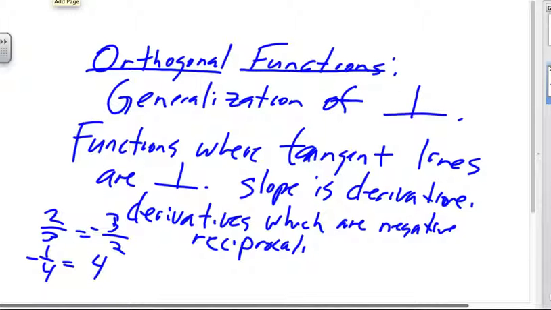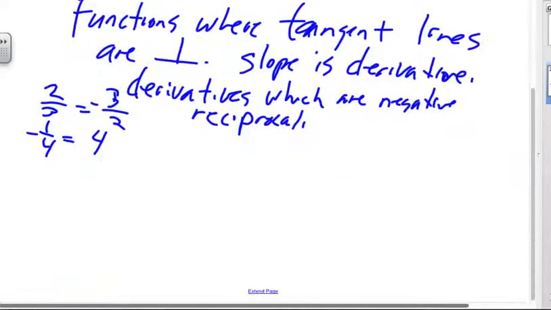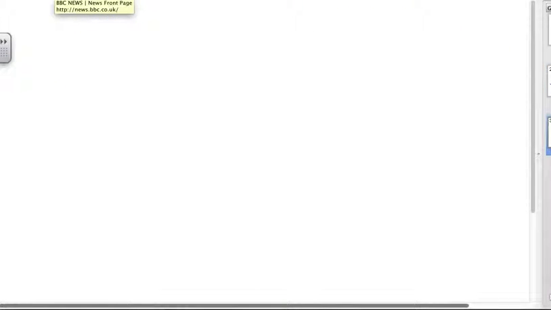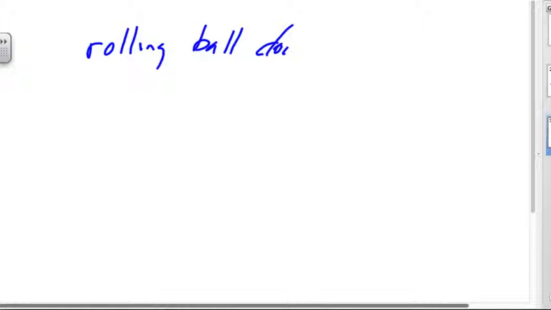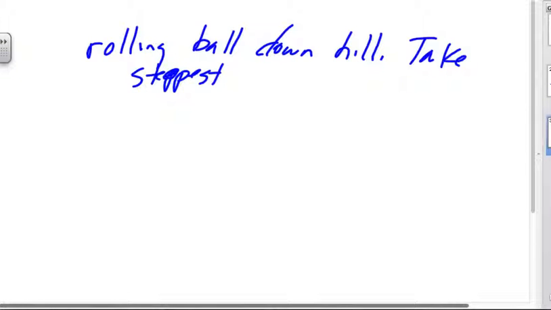And why do we care about what they are? Well, there are a couple of things orthogonal functions come out of pretty regularly. Let's look at a couple of examples. Now, if you're rolling a ball down a hill, what you know is it's going to take the steepest and shortest path.